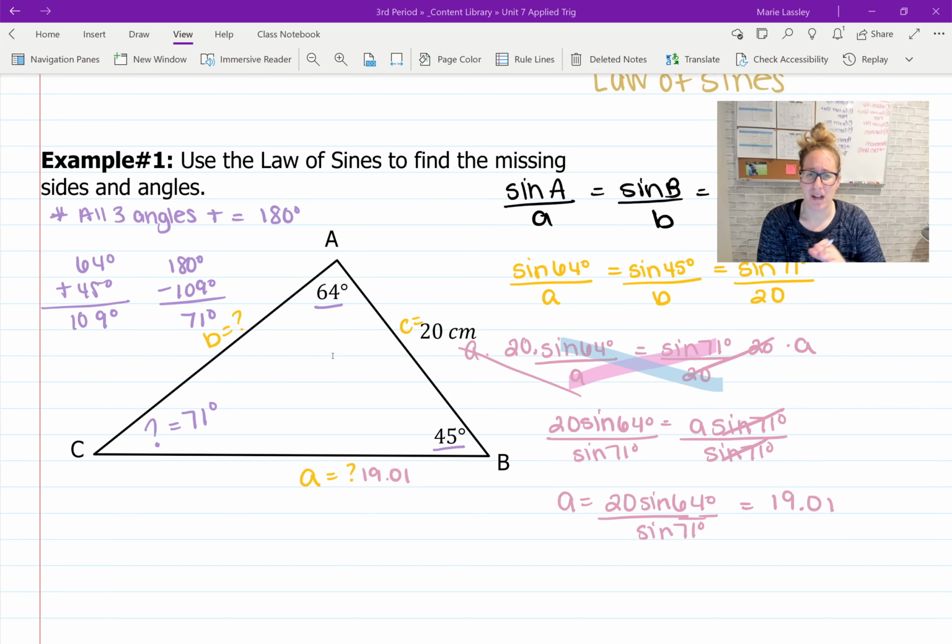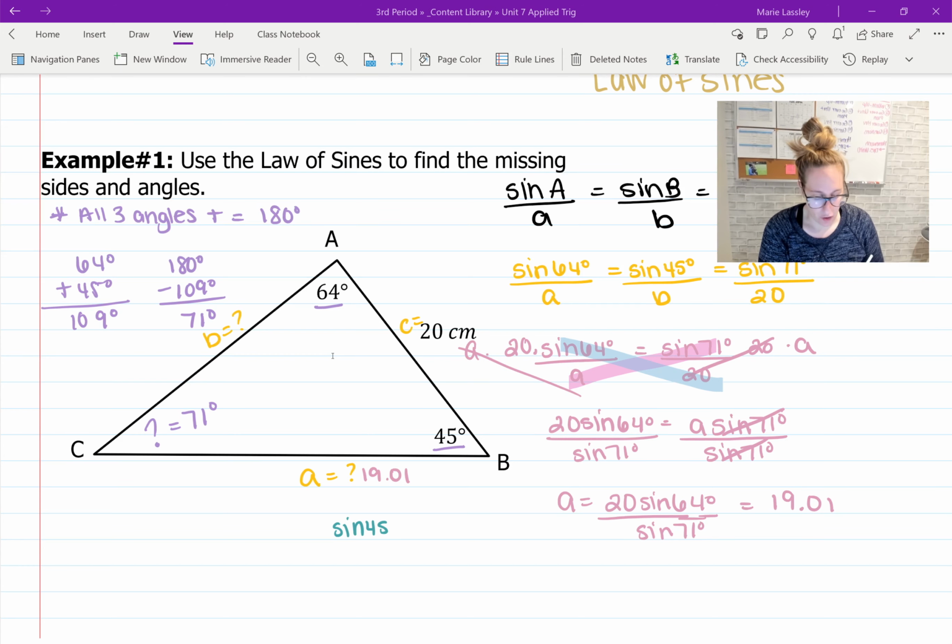So to find side B, I'm going to set it up like this: sine of 45 degrees over side B equals sine 71 over 20.